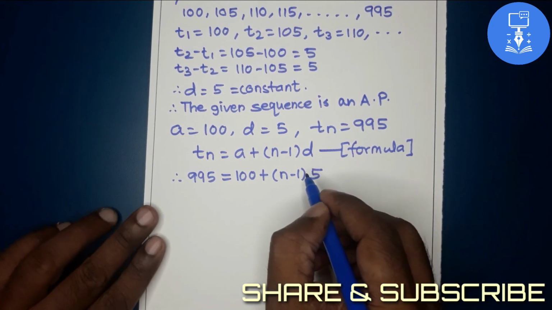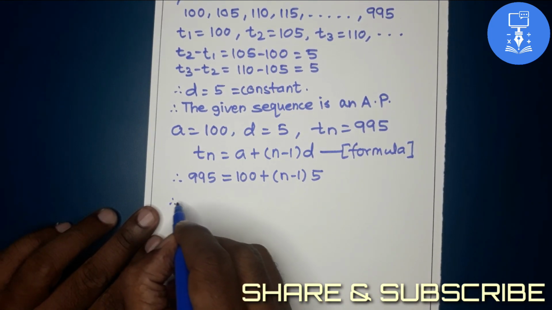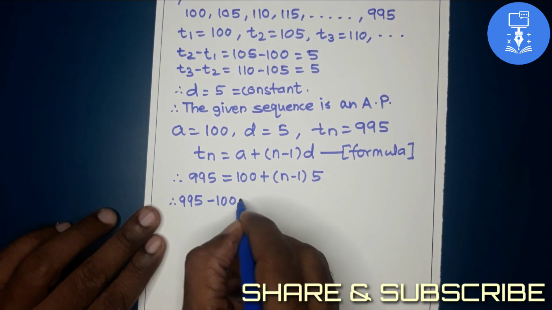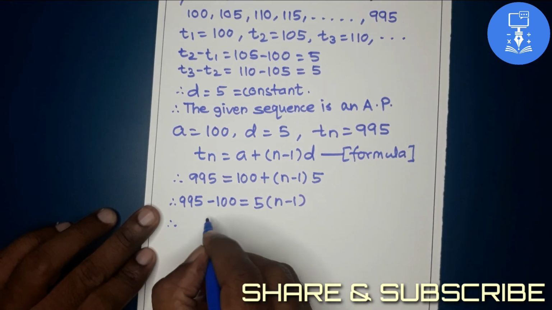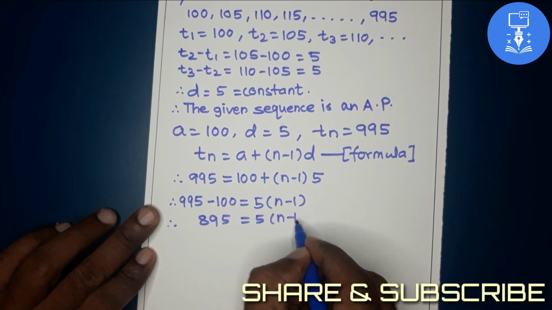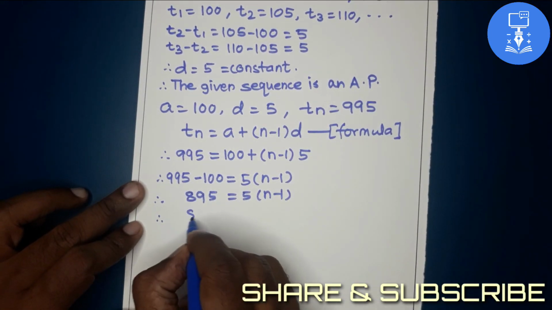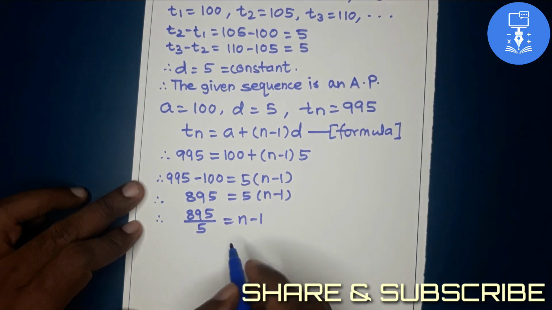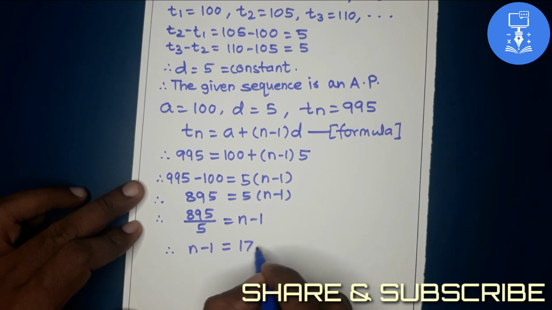There are two methods. You can divide all the terms by 5, or you can simply take 995 minus 100, and here we get 5 into n minus 1. So it will become 895 is equal to 5 into n minus 1. You can use any method to solve this. Here I divide 895 by 5 and we get n minus 1 is equal to 179.